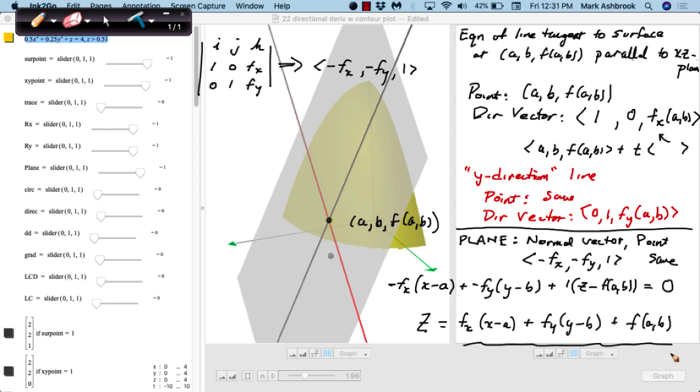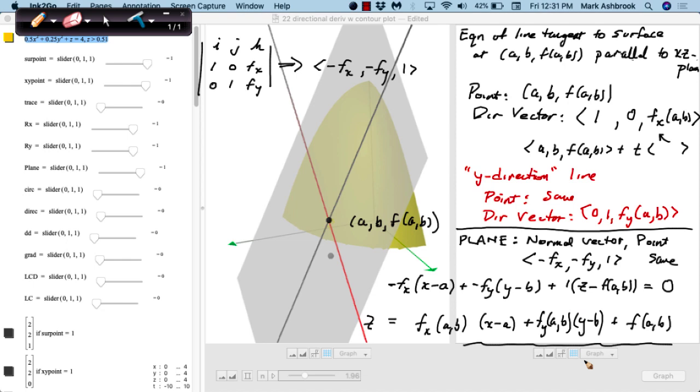I want to actually write this time, because it's a value, f_x evaluated at (a, b), and f_y evaluated at (a, b).